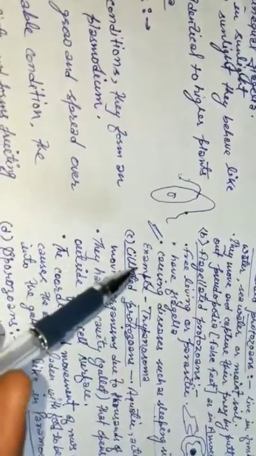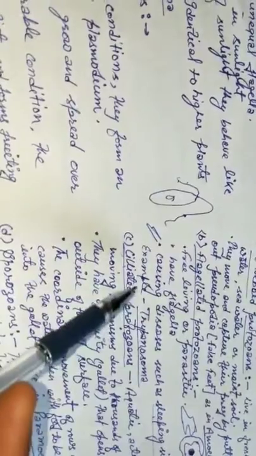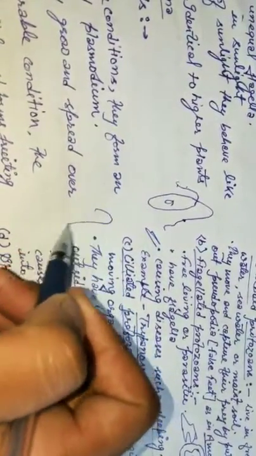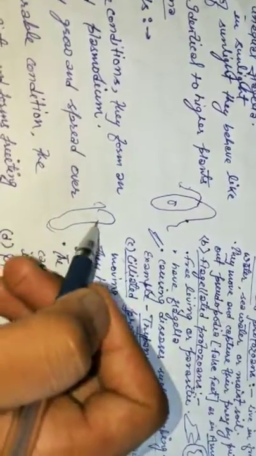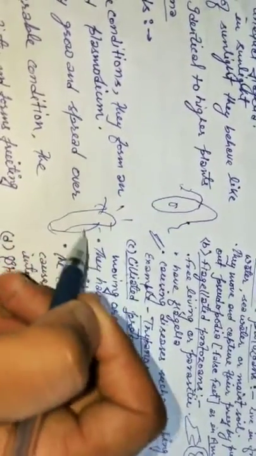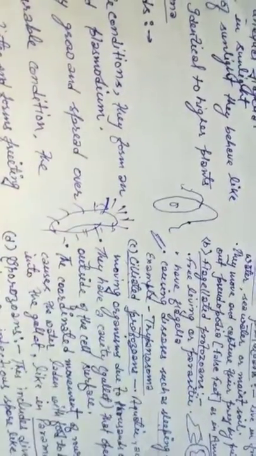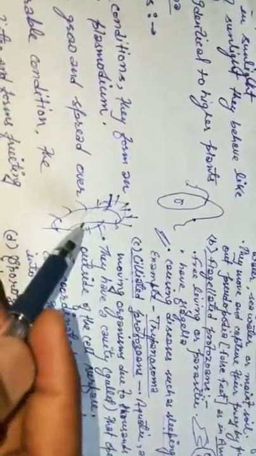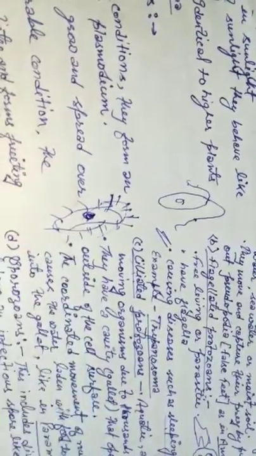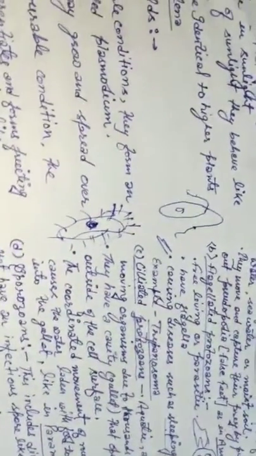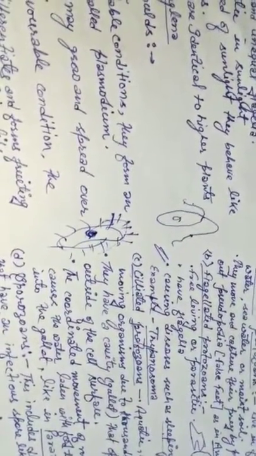The next one is ciliated protozoans. As again indicated by its name, there is a protozoa in which the body is covered by complete cilia. So this one is ciliated protozoan, and the most common example of ciliated protozoan is paramecium.